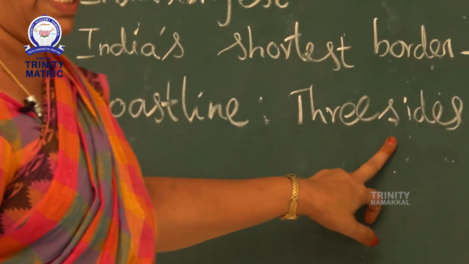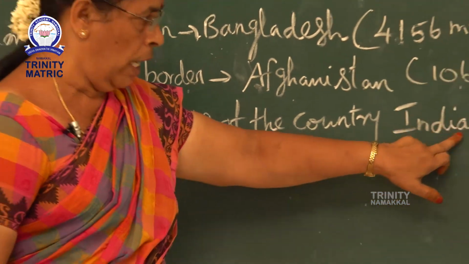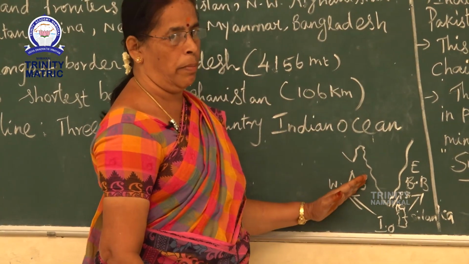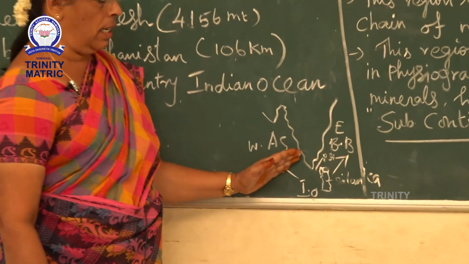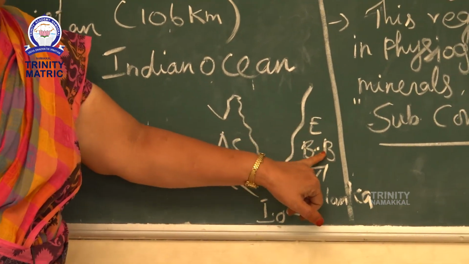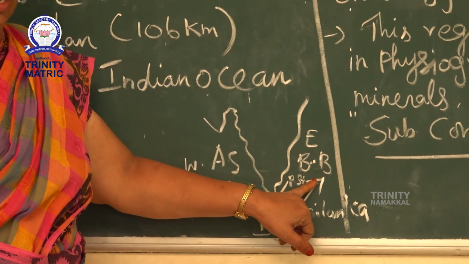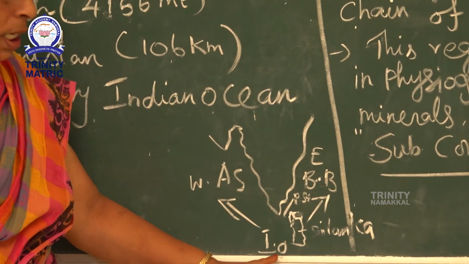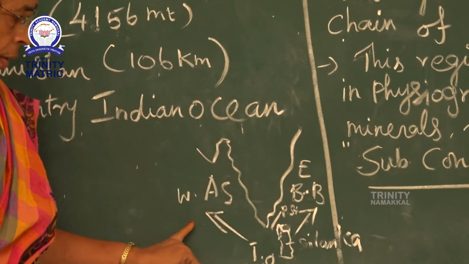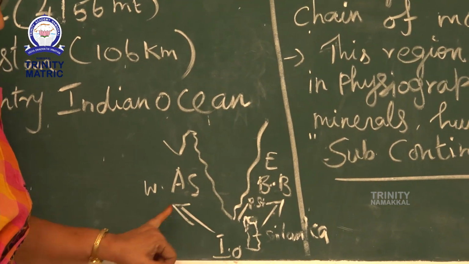The country has a coastline on three sides, the Indian Ocean. Look at the map on the board, students. On the west side is the Arabian Sea, and on the eastern side the Bay of Bengal. The Indian Ocean has two arms.